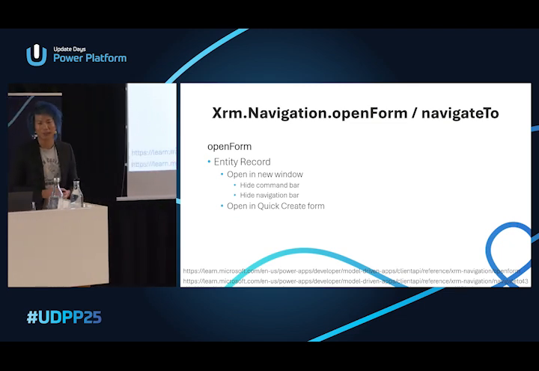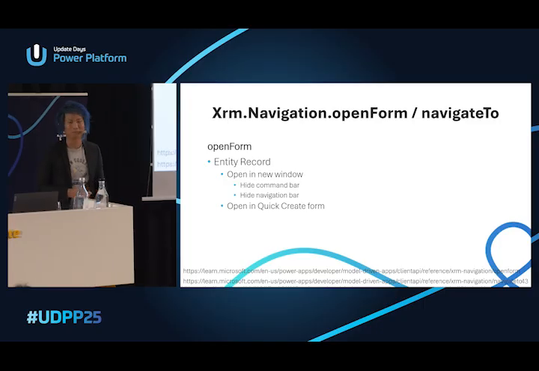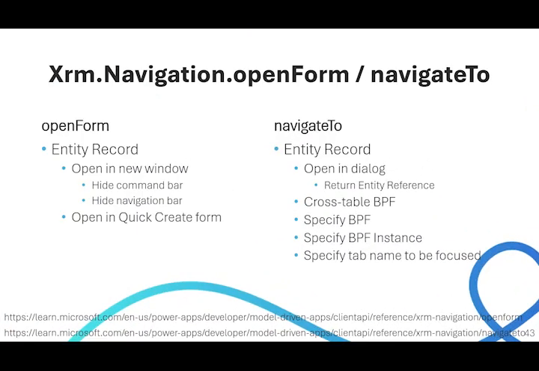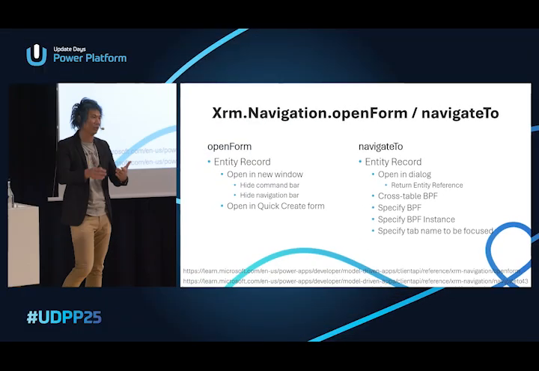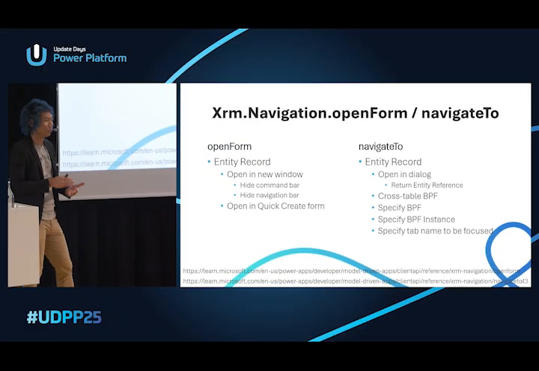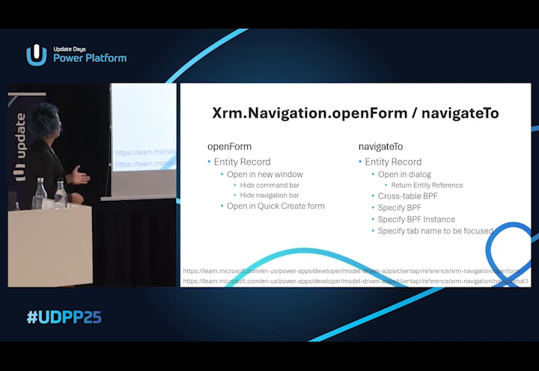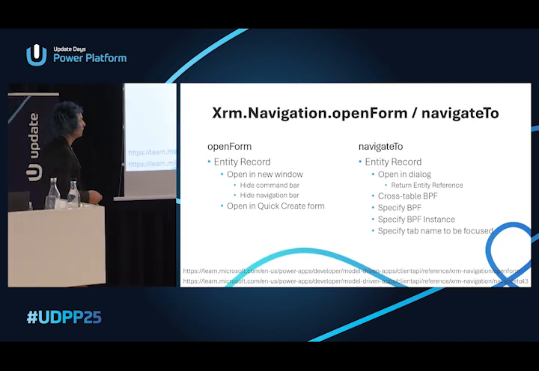That's where you might want to use openForm. And navigateTo, you have other things like opening up a dialog in the middle, where you just show it as a dialog overlay on top. Or you have this cross-table business process flow, like from quote to order, quote to opportunity, and then order. All these things you can specify and use in navigateTo.